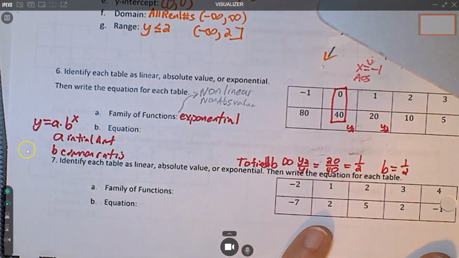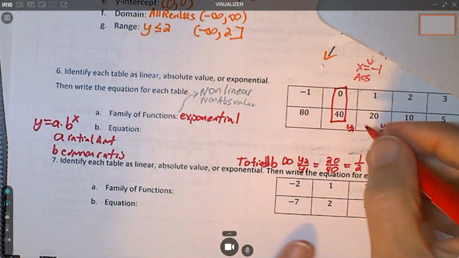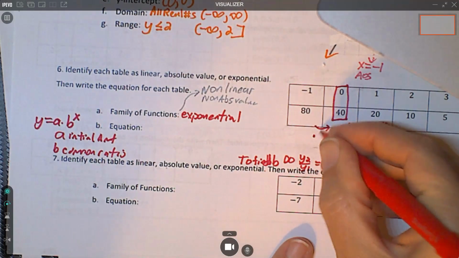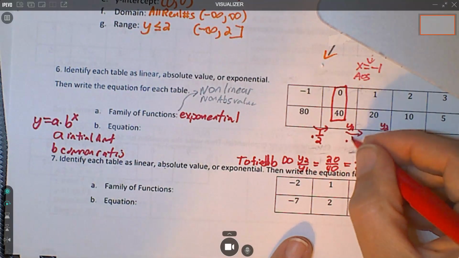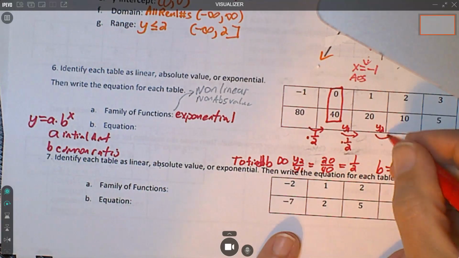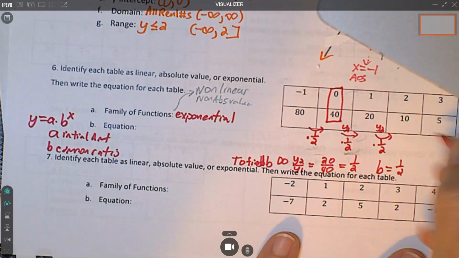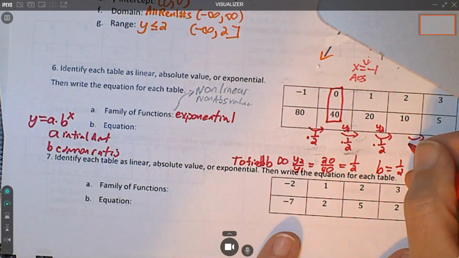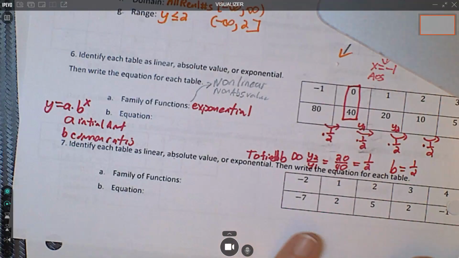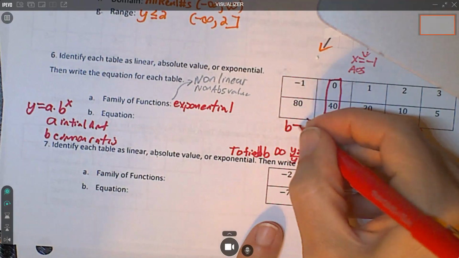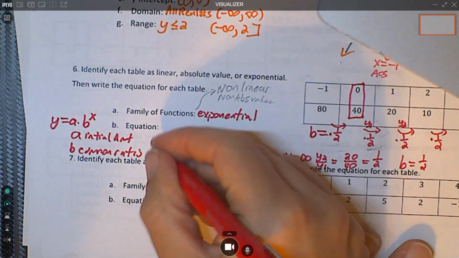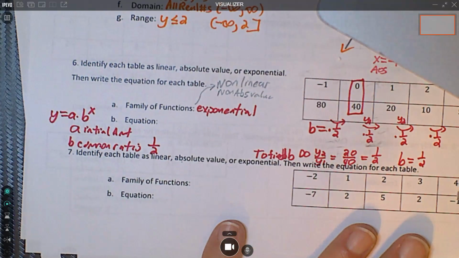And what that means is we're multiplying. We did times a half. Half of 80 is 40. We did times a half, 20. Times a half, 10. 10 times a half is 5. So b is 1/2. The common ratio between the y's is 1 to 2.